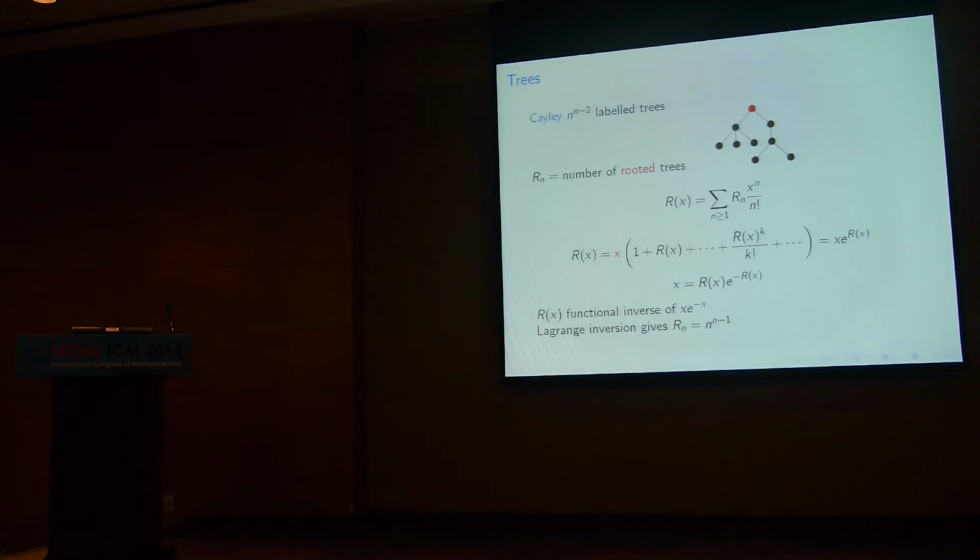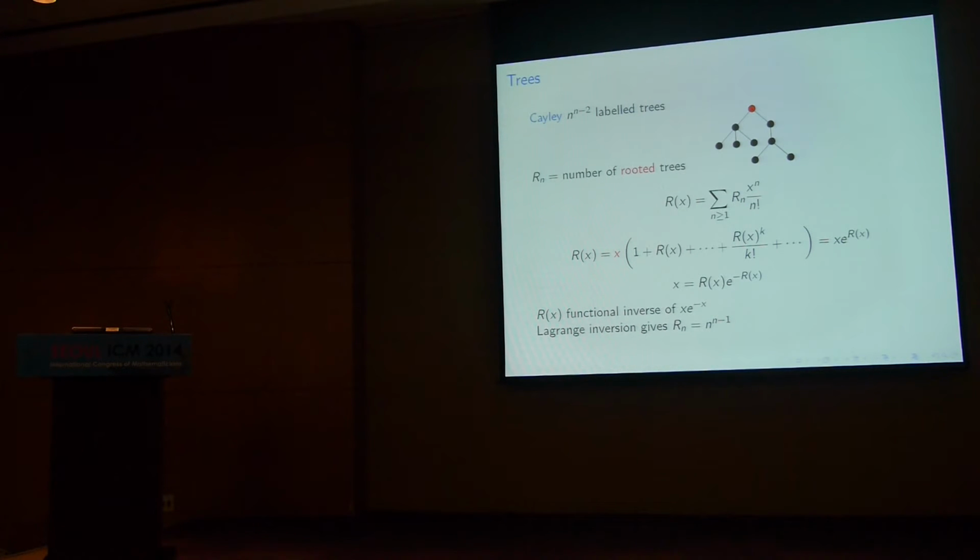So this generating function satisfies a functional equation, which in this case is of a very simple type. And if I write it like this, you observe that this function is the functional inverse of this elementary function. And then you apply Lagrange inversion, which tells you how to compute the coefficients of a function in terms of the inverse.